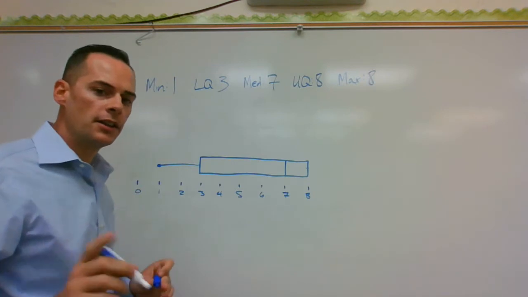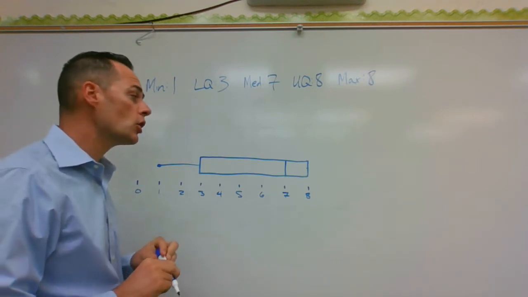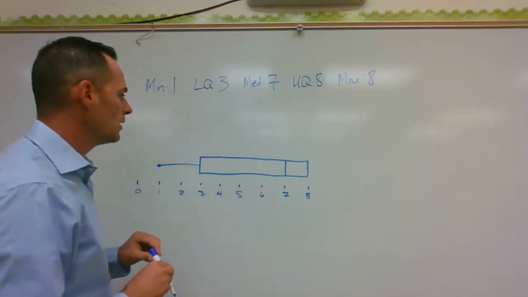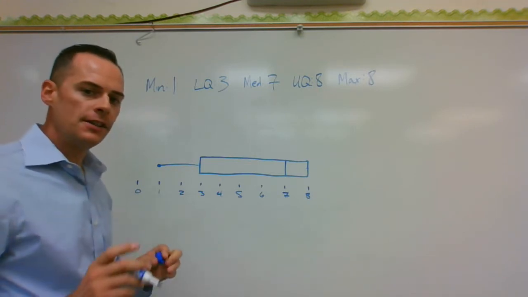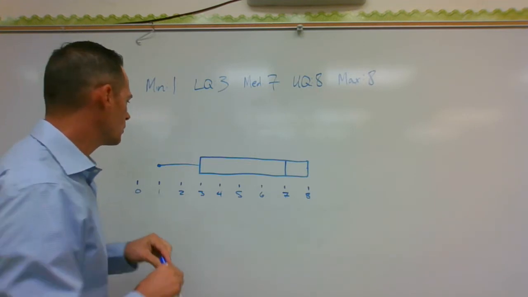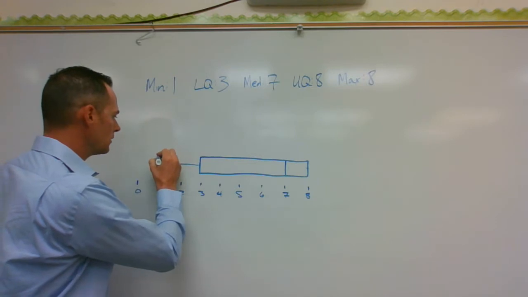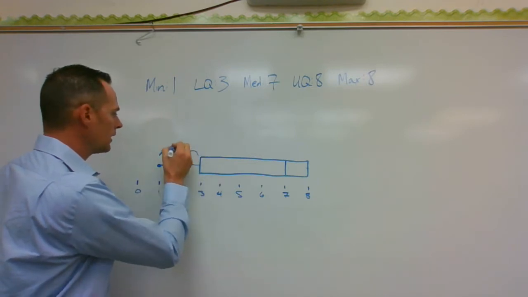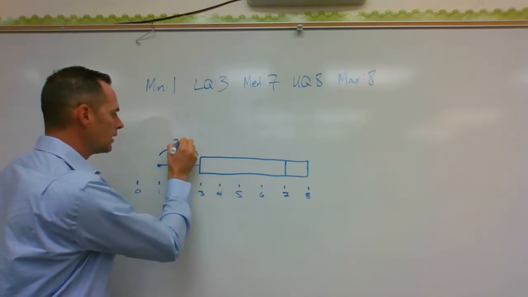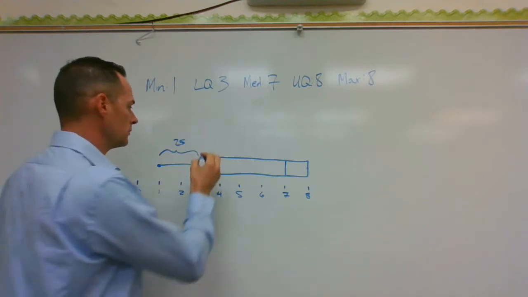Now, one other thing you need to understand is how to interpret this data, okay? So every single one of these, so this right here is 25% of our information.